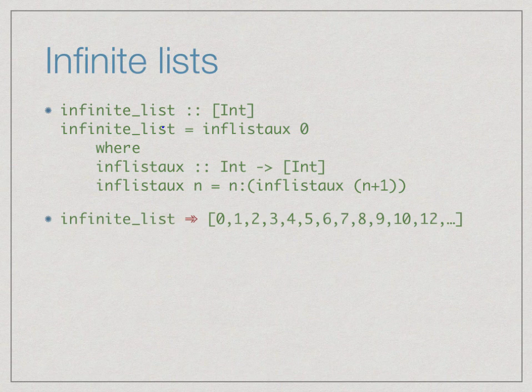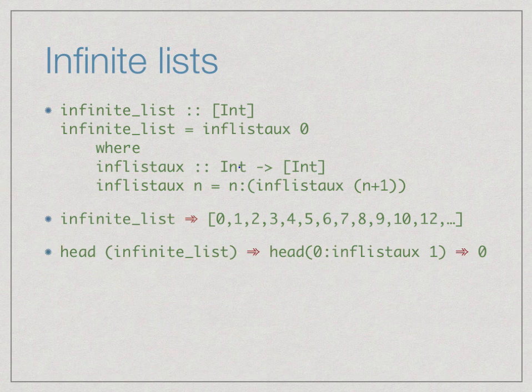As we have seen, the definition given above produces this infinite list. If we just run it in the interpreter and ask for the value of infinite list, we just get an unending stream of numbers. On the other hand, if we ask for some function on this list which does not use the entire stream, then we can get a sensible answer. For instance, if we ask for the head of this list, Haskell will try to apply a definition for head.